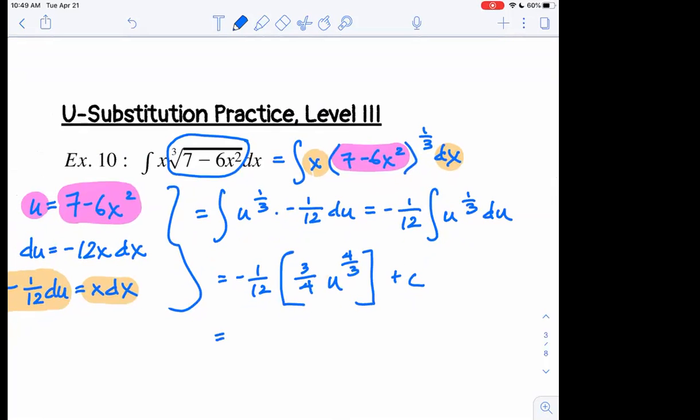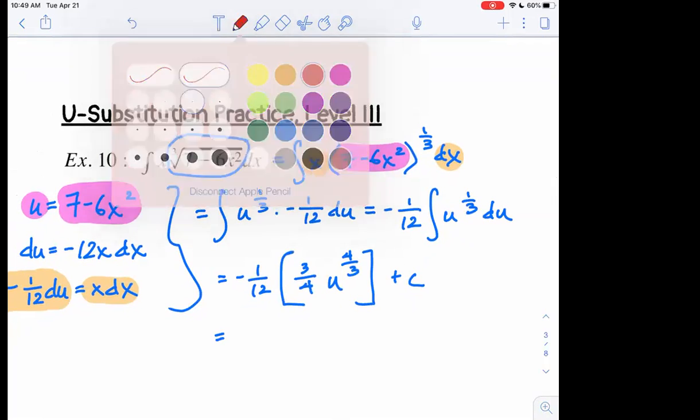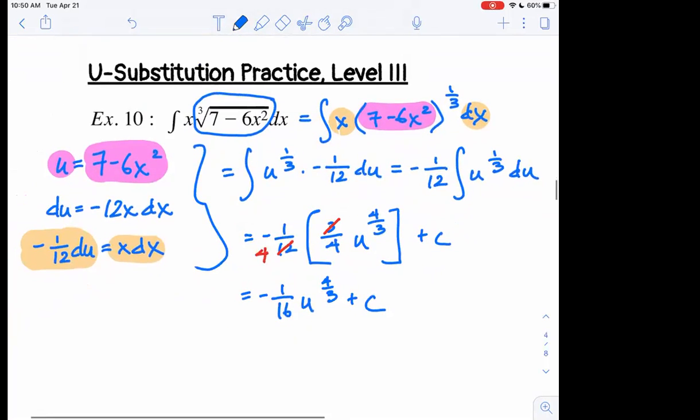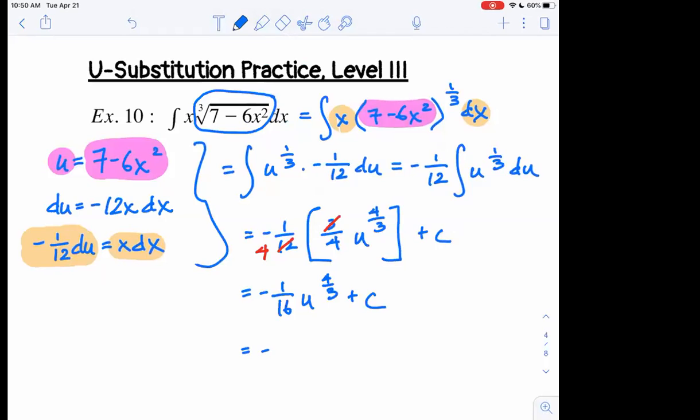So this is going to give me negative 1/16 u to the 4/3 plus c. And everywhere I see a u, I want to put 7 minus 6x squared, so negative 1/16 times 7 minus 6x squared to the 4/3 plus c.